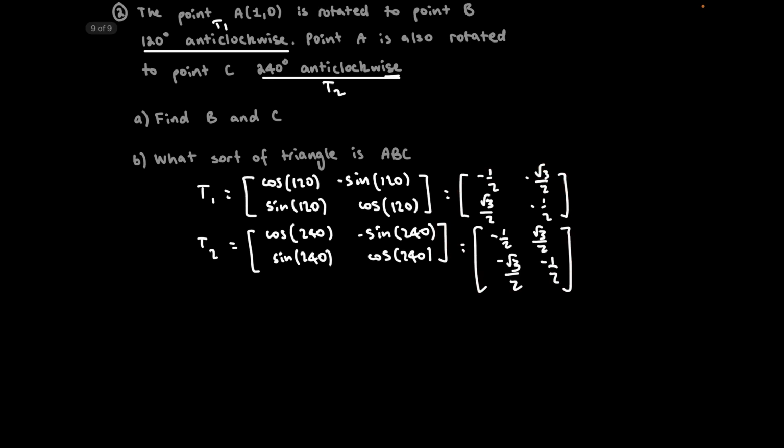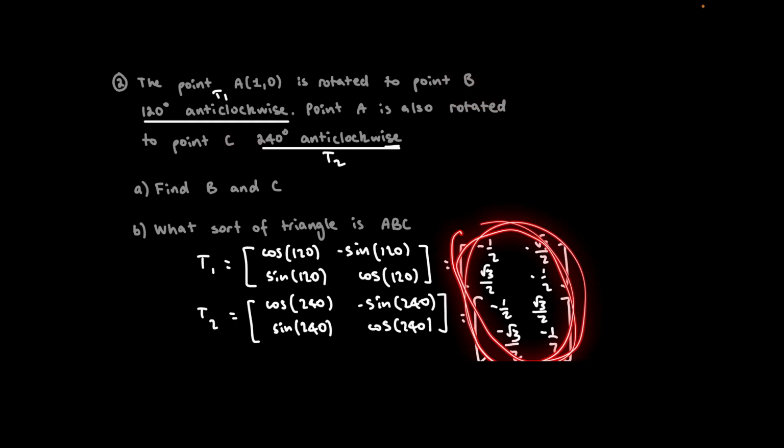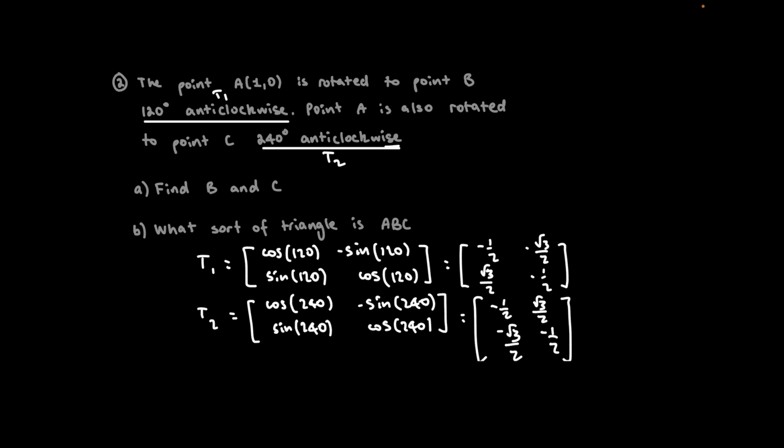But what we need to work out is what the coordinates of B and C are. So let us now take both of these transformations and work out what happens if we multiply them by the point (1, 0). Let's work this out.